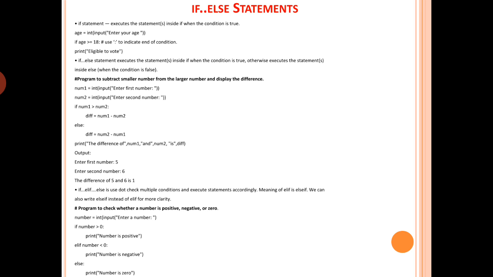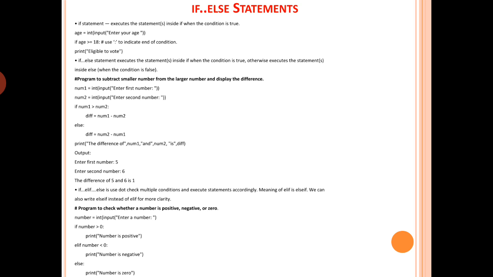Now, here is the program to subtract the smaller number from the larger number and display the difference. Num1 equals to int, input enter first number. Num2 equals to int, input enter second number. So it will check the condition. If num1 is greater than num2, then num2 will be subtracted from num1 and the result will be stored in the variable diff.